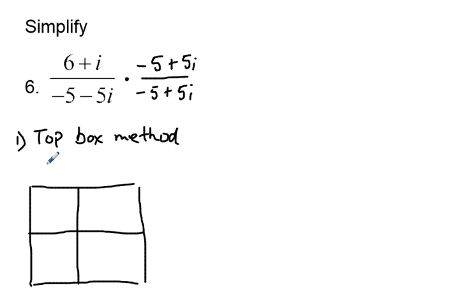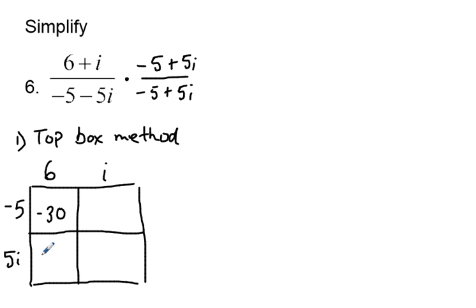And we're going to put a 6 and a positive i, and on the side a negative 5 and a positive 5i. Here we're going to multiply 6 times negative 5, which gets us negative 30.